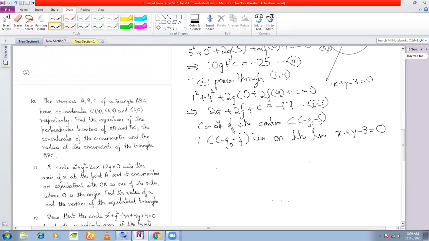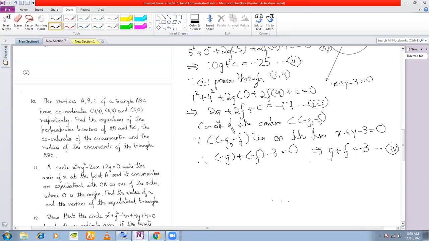Therefore, it must satisfy it. So instead of x, you put minus g, instead of y, you put minus f, minus 3 is equal to 0. So you get g plus f is equal to minus 3. This is your third simultaneous equation. We call it 4.